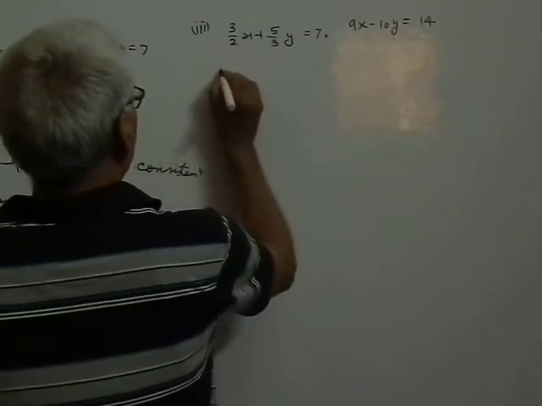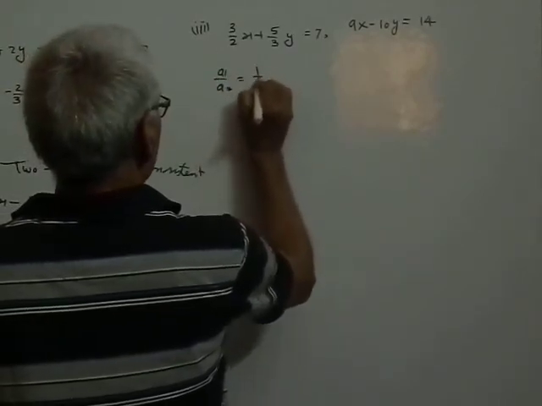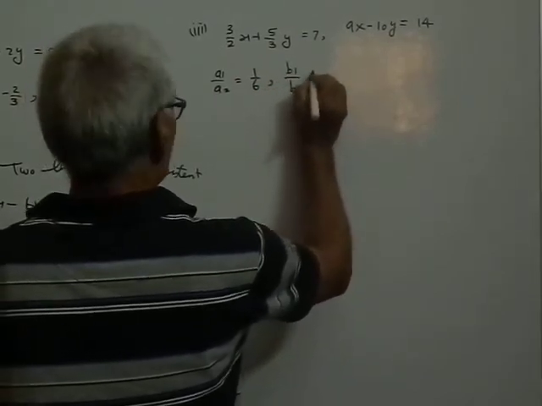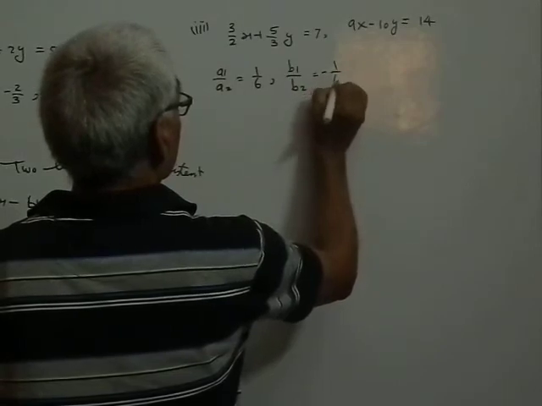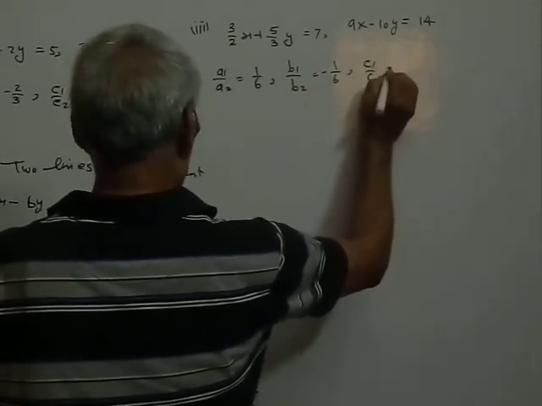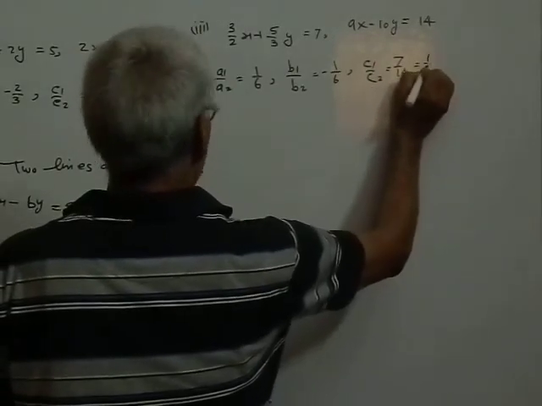Here a1 upon a2 is equal to 1 by 6, b1 upon b2 is equal to minus 1 by 6, and c1 upon c2 is equal to 7 upon 14, that is half.